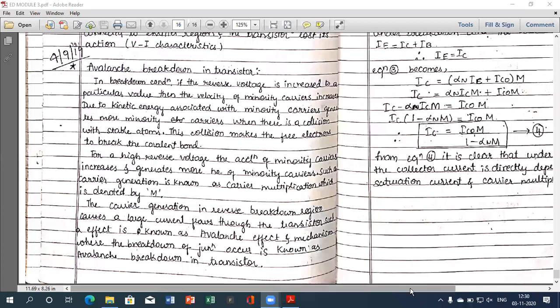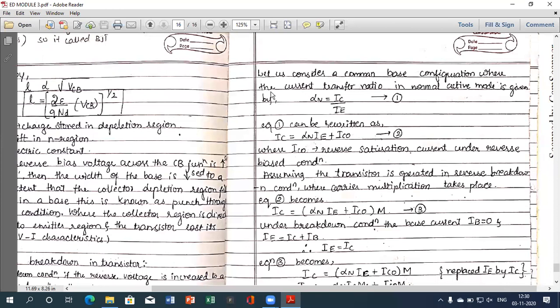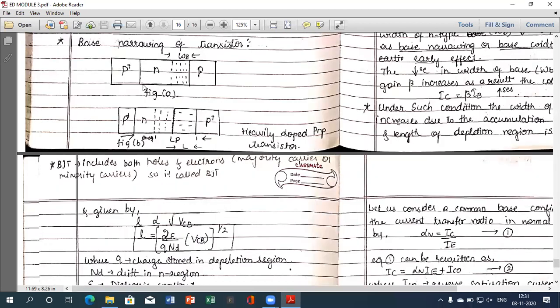Now the same thing we are going to discuss in terms of equations. So first, let us consider a common base configuration. This is common base.